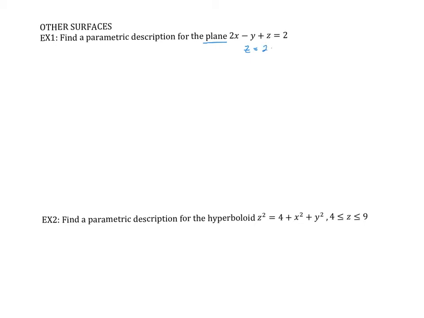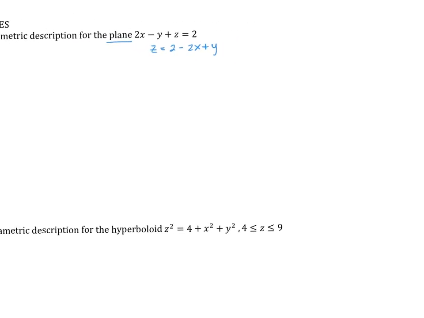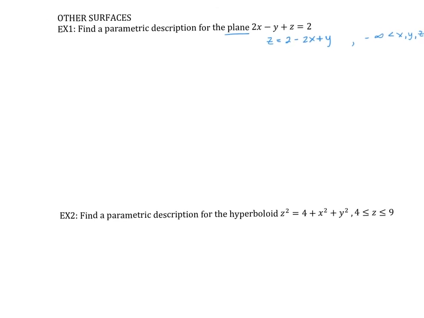So I have 2 minus 2x plus y. Something to notice is that in a plane, the values for x, y, and z go from negative to positive infinity, so I'm going to put them all in one inequality from negative to positive infinity. Now remember, parametric descriptions are not unique.